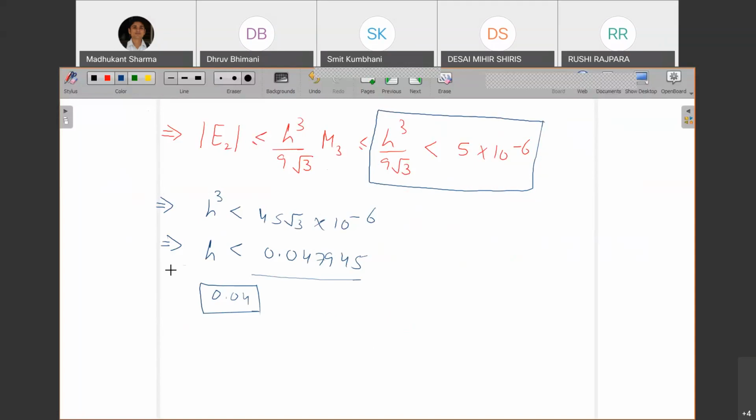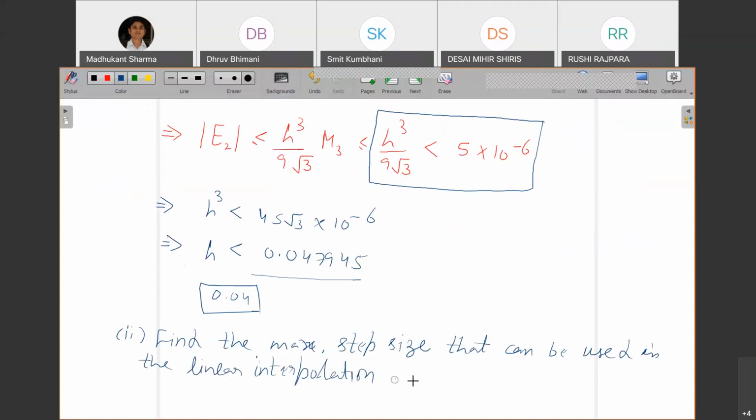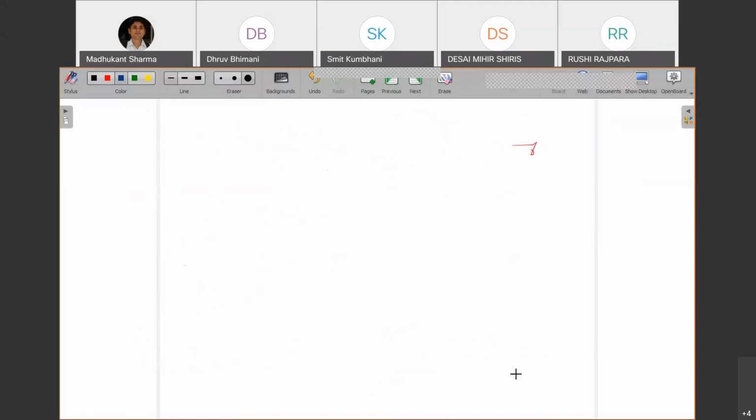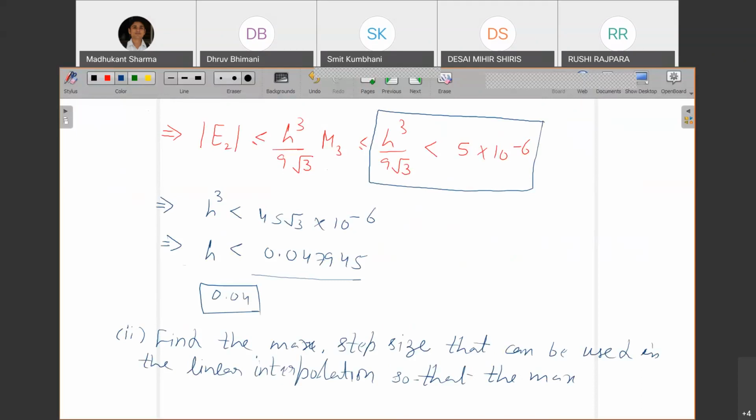So you can have this as an exercise: find the maximum step size that can be used in the linear interpolation, so that the maximum error is less than 5 into 10 to the power minus 6.